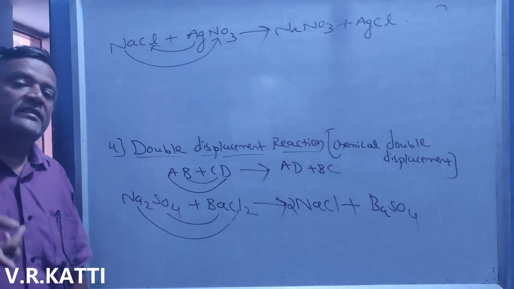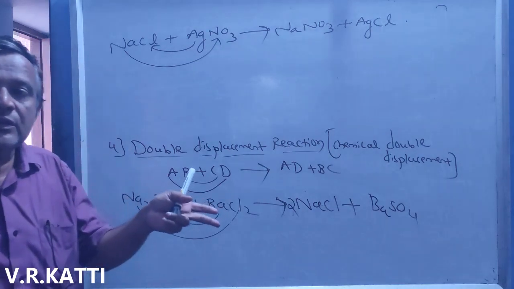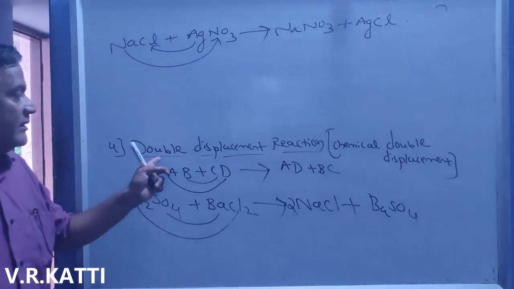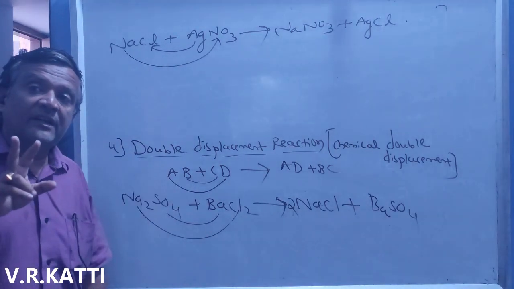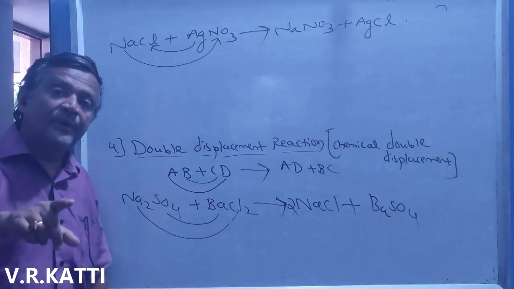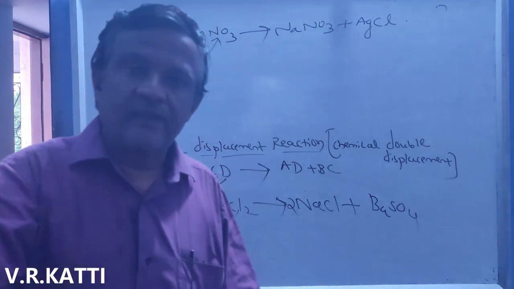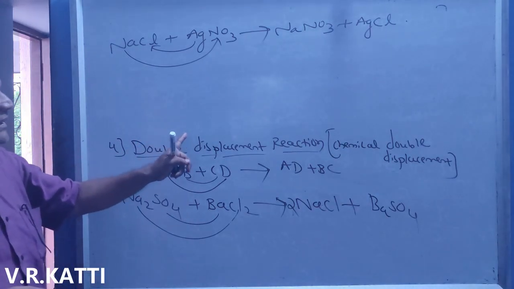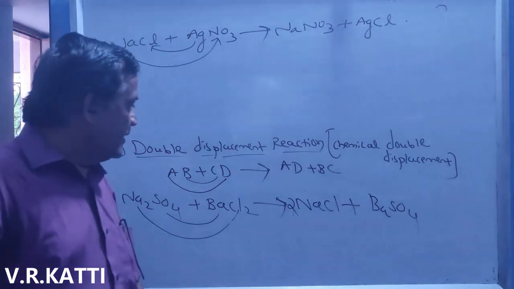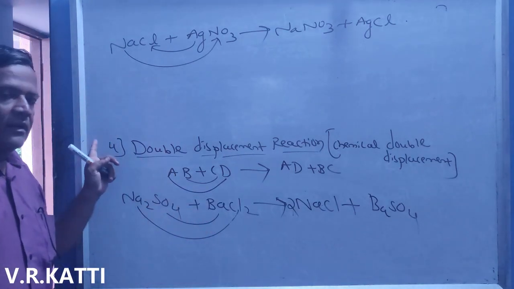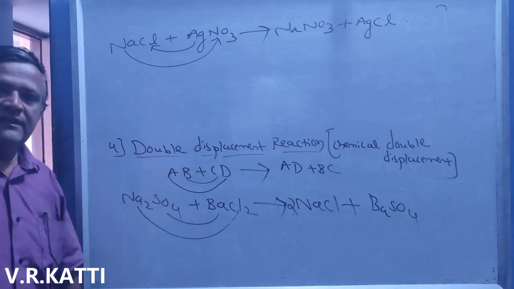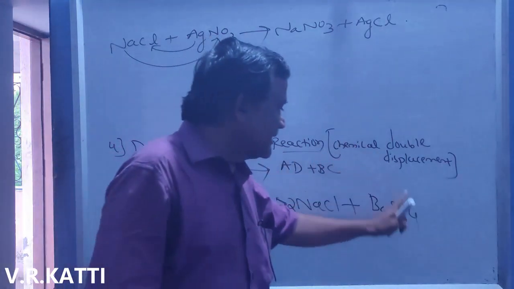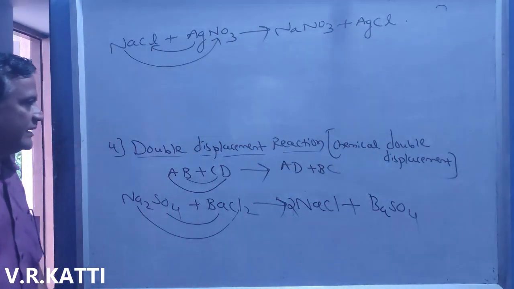Decomposition reaction, a single reactant decomposes into 2 or more products. Displacement reaction, one element of a compound is displaced by another element. Double displacement reaction, that is the exchange of ions of reactant side.